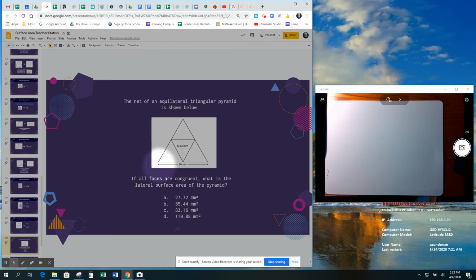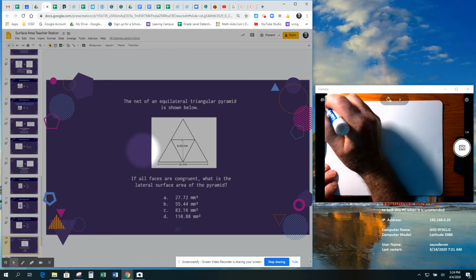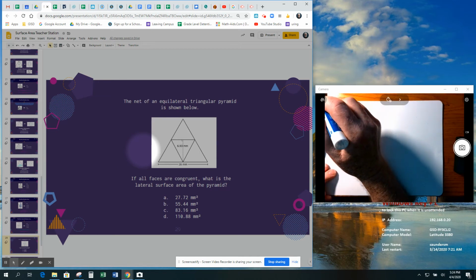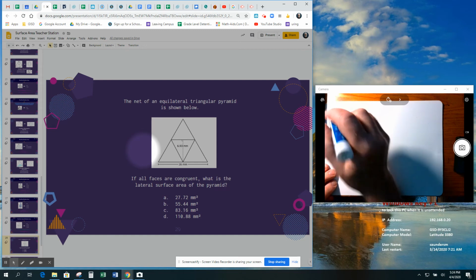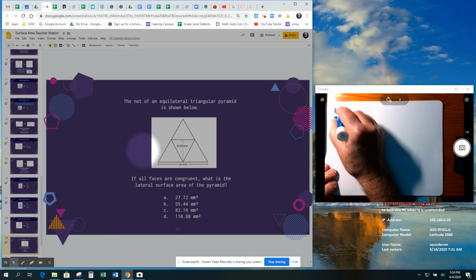And what does that measure? If I go from this distance to this distance, that is equal to 2 bases of the triangle. And so each triangle has a base of 8. So here we go. We want the lateral surface area, so we're going to do 3 faces. They're all the same.